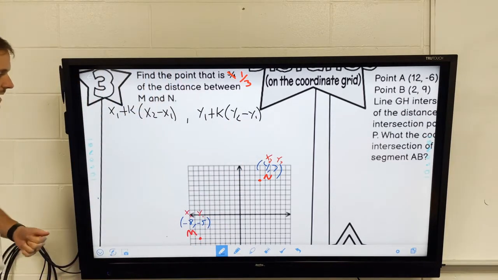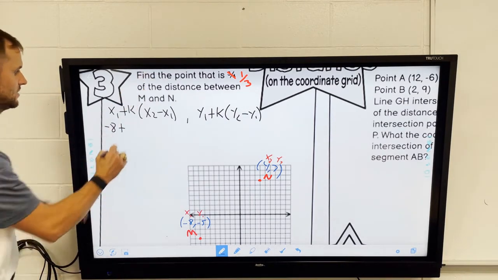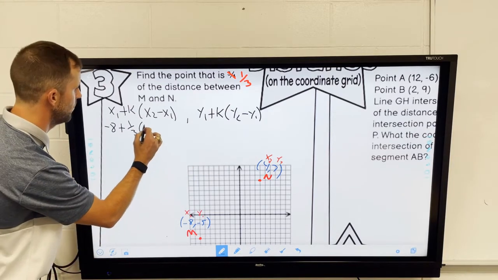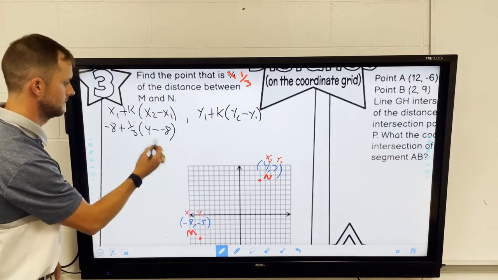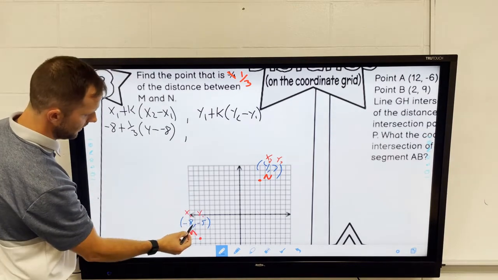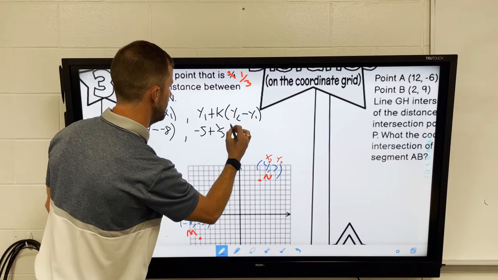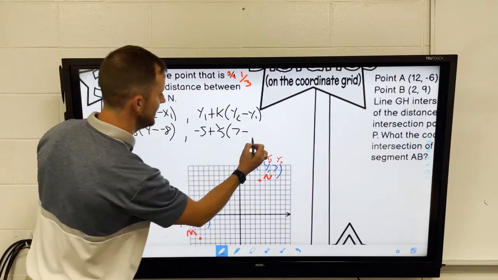Okay, so let's go and do my X's first. So X1 is -8, my K is 1/3, my X2 over here is gonna be 4, and then I'm subtracting -8. Make sure we understand that. Y1 here is gonna be -5, my K is gonna be 1/3, my Y2 over here is 7, and then I'm subtracting -5.